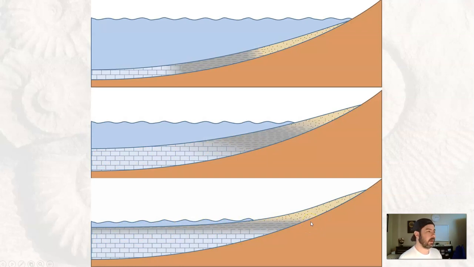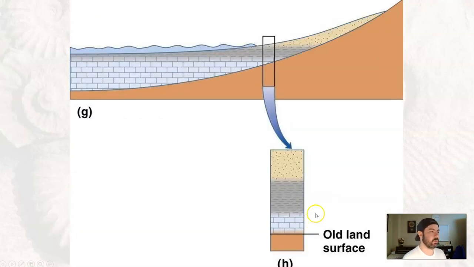So the opposite vertical sequence is what we now see. So in this case, instead of going sandstone, shale, limestone, we go the opposite. If we have limestone, shale, sandstone in a vertical sequence, that indicates a marine regression. Sea levels are falling.